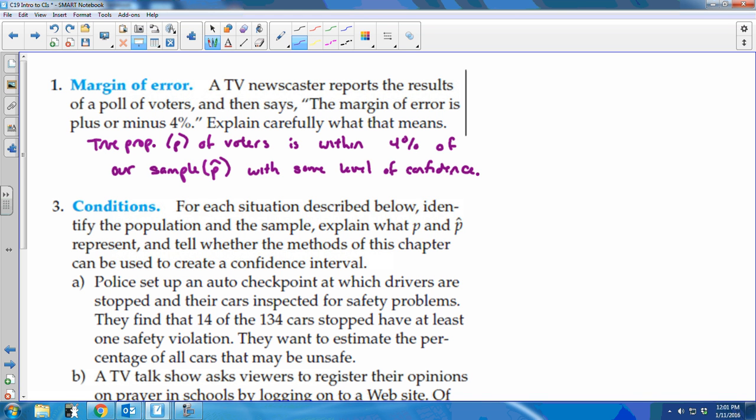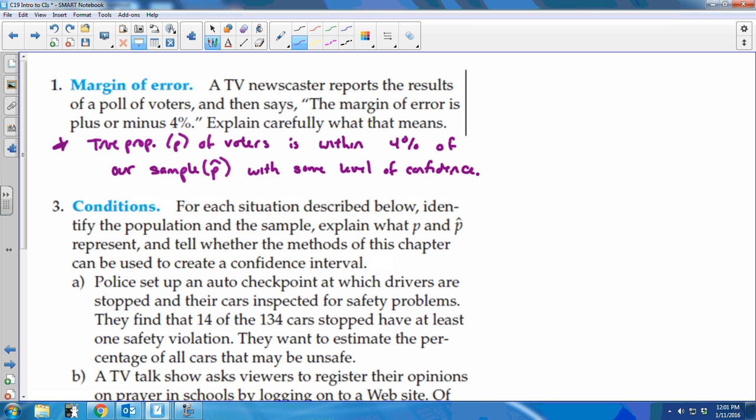They don't give us what confidence level they are using, doesn't give us any sample proportion, doesn't give us anything. So the best we can say is that we think that P is within 4% of P hat with some level of confidence. If they told us they were 95% confident, I'd be able to say that with 95% confidence, P is within 4% of our sample. But they don't tell us that. So this is the best I can do. That's what a margin of error means.